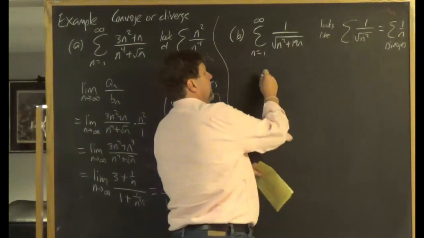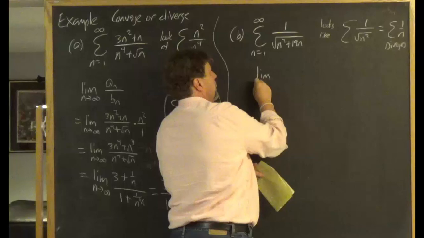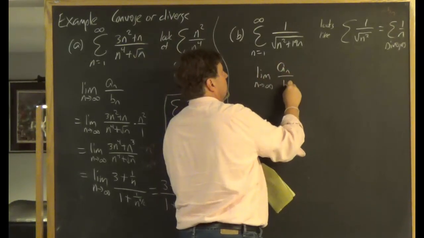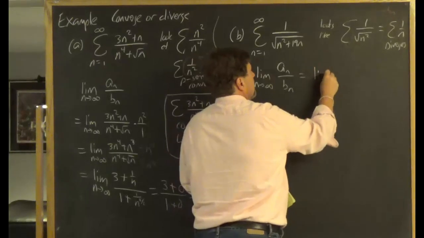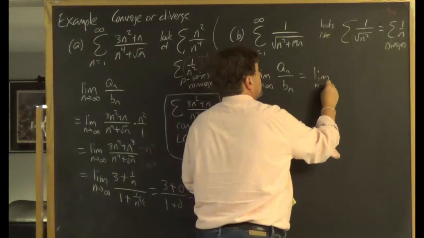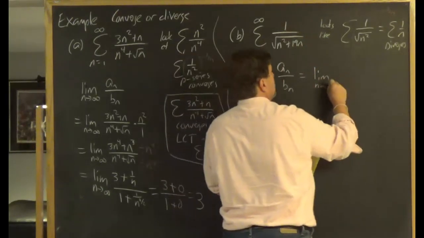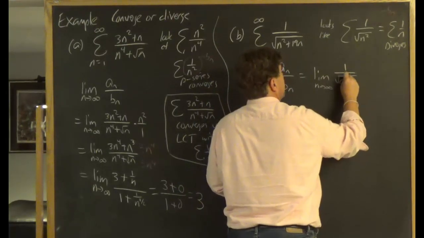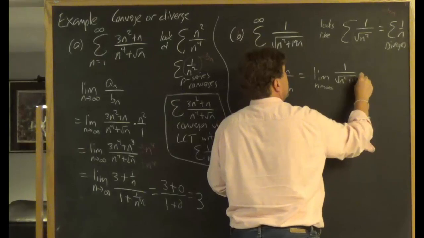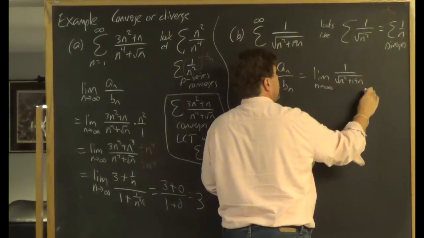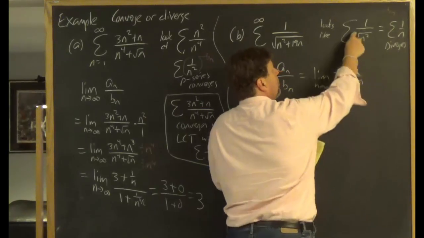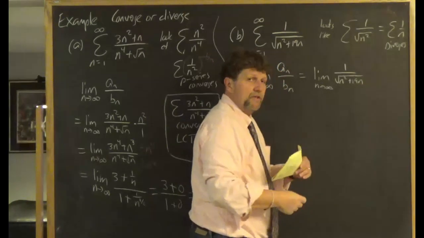So when I look at the limit comparison test, a sub n, 1 over the square root of n squared plus 19n, is divided by b sub n, so divided by 1 over the square root of n squared.